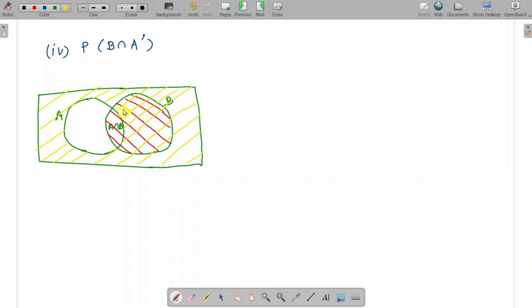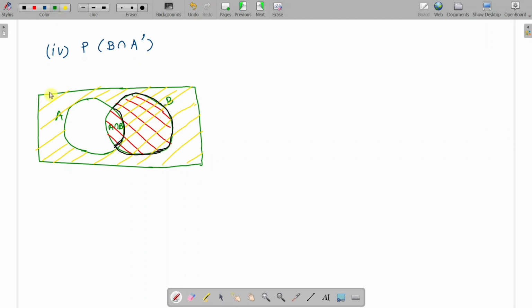Right, so if you look at the common region, the common region is this, because we have to look at the intersection. So this black area here, the border which is surrounding the area, that area is your B intersection A complement.